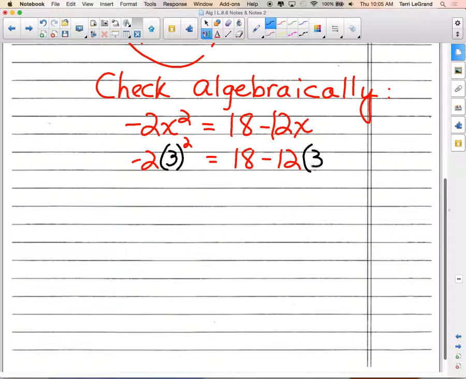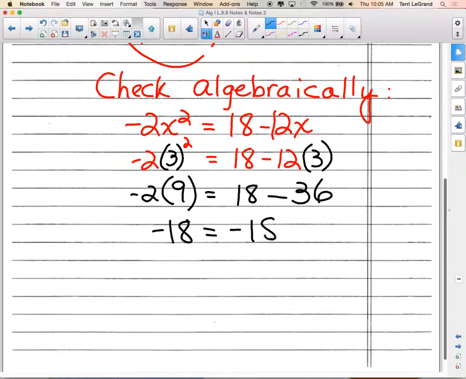I think we can do it without. Negative 2 times 9. 18 minus what? 36. What's negative 2 times 9? Negative 18. What's 18 take away 36? Just so happens to be negative 18 also.